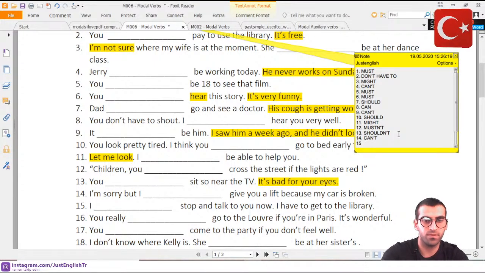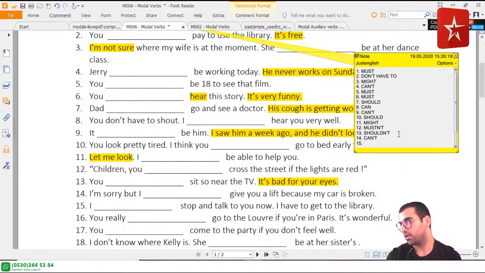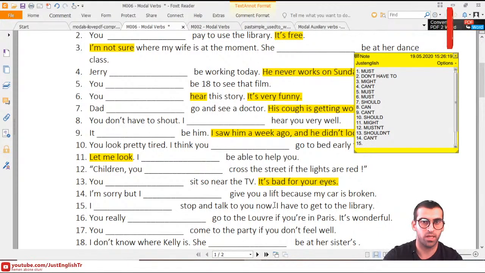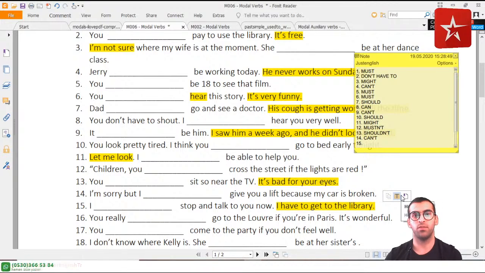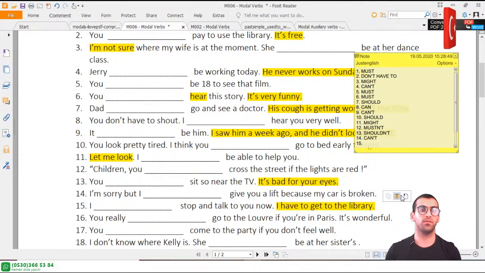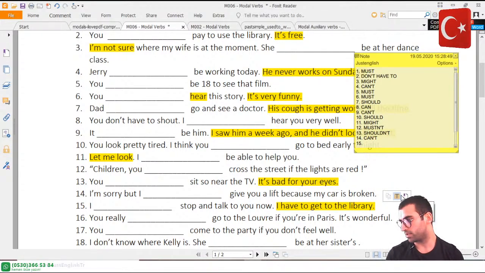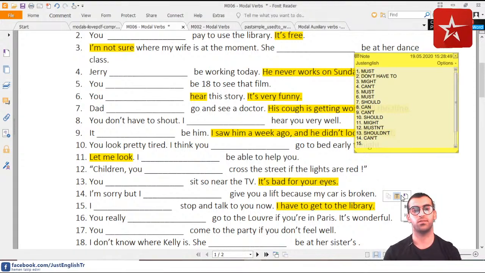Number 15. I blah blah blah stop and talk to you now. I have to get to the library. So, for 15, which one is correct?